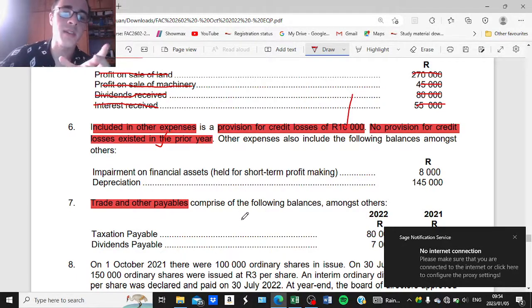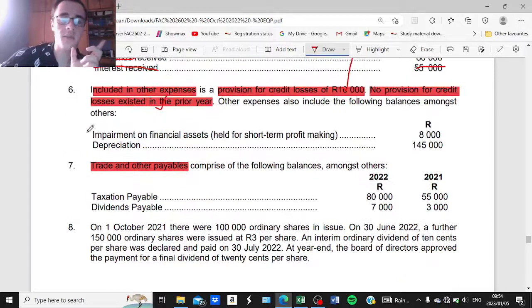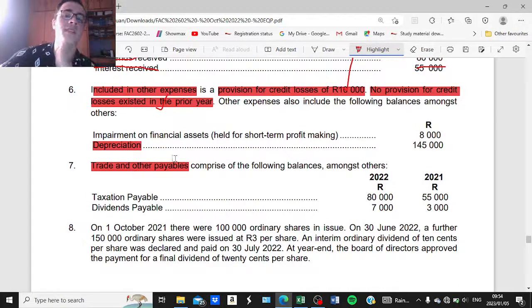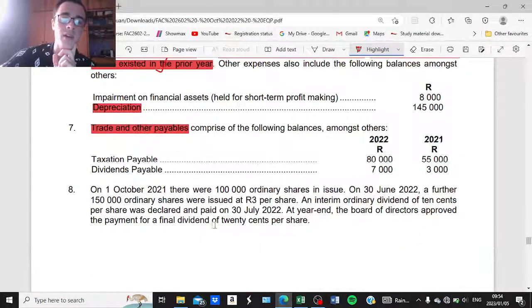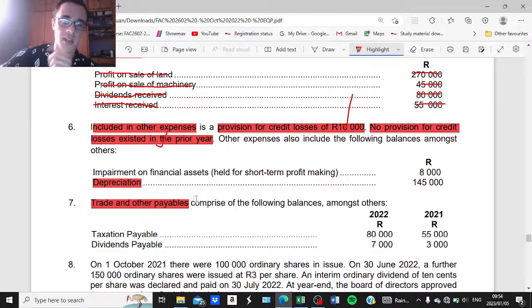So in terms of the depreciation item, we have not considered this amount in our general ledger account for plant and machinery. We do need to consider that amount because it forms part of the general ledger account for plant and machinery, and this will be shown on the credit side.